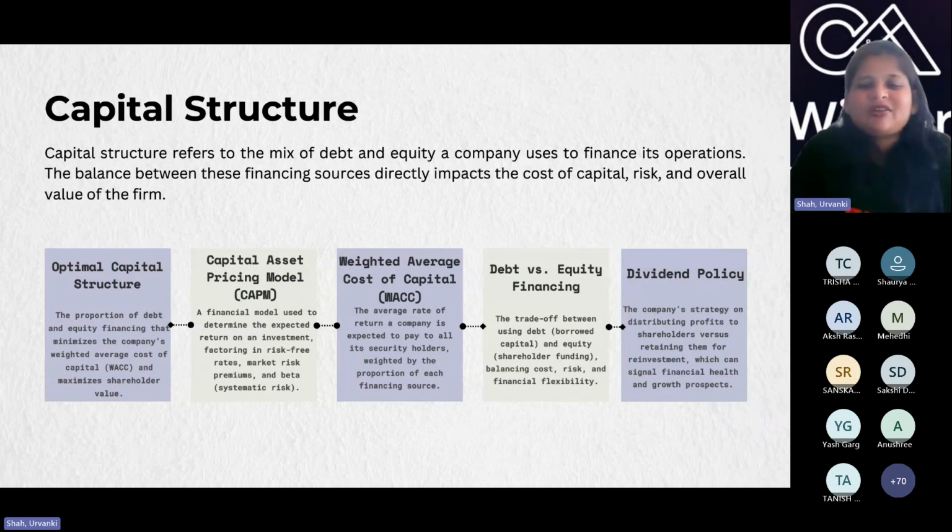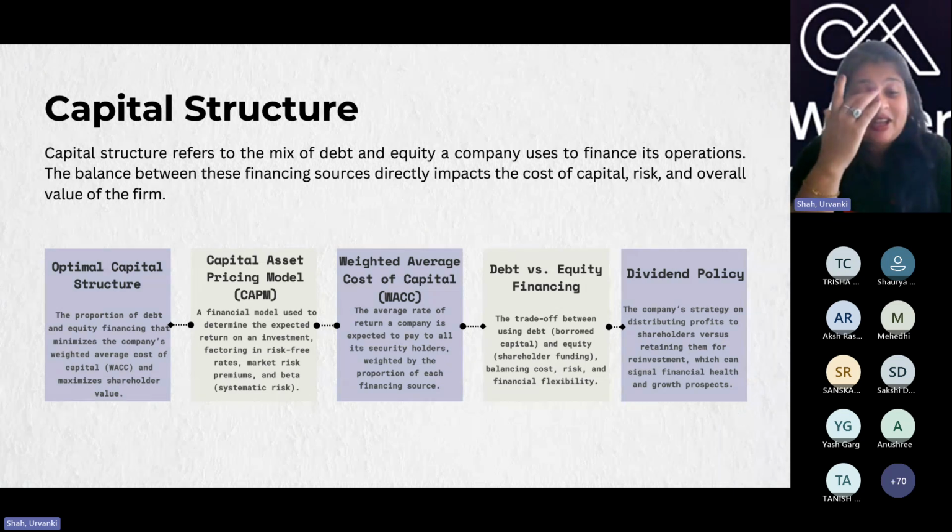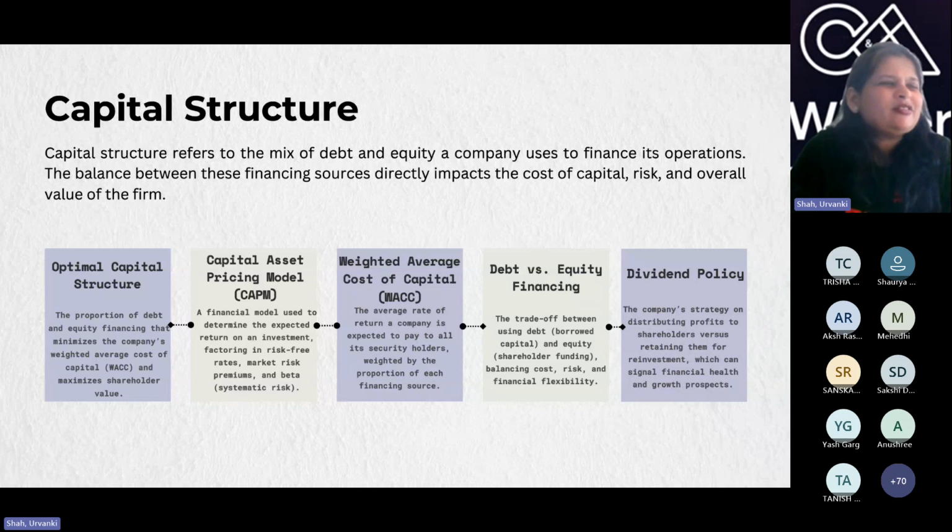Then it comes to the capital structure. When we talk about capital structure, how does this minimize the weighted average cost of capital and maximize the shareholder value? So when we say optimal capital structure, it is the weighted average cost of your capital and the optimized return on capital to shareholders.